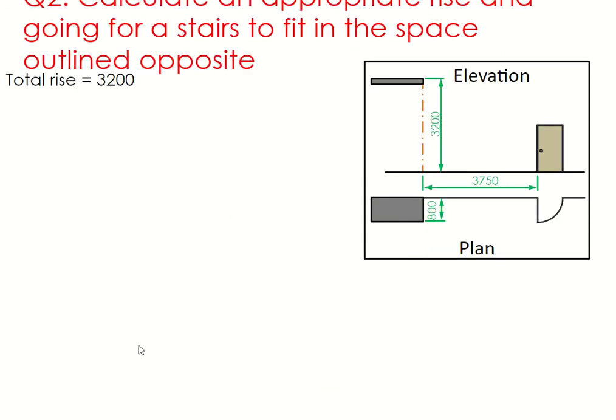Again, we'll write down our key measurements. The total rise is 3,200. The maximum going that we can use is 3,750.